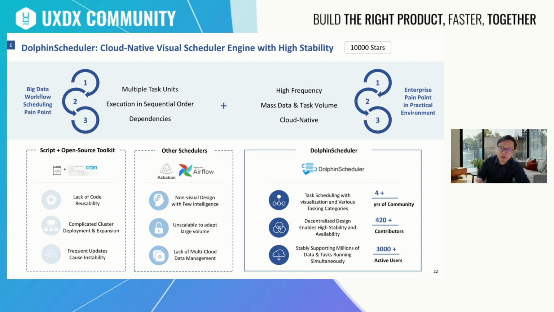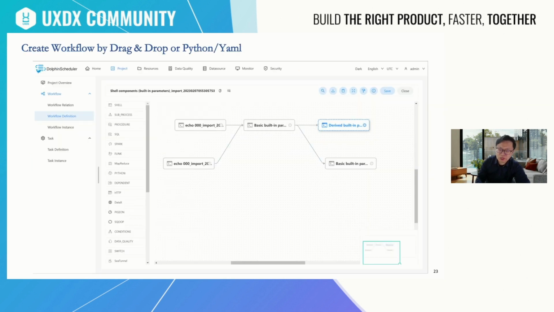And also you can use Python to generate your workflow. Now its active users, I think, are more than 3,000 users all over the world. And the stars of this Apache project are more than 10,000. So I think it's a very strong open source project.